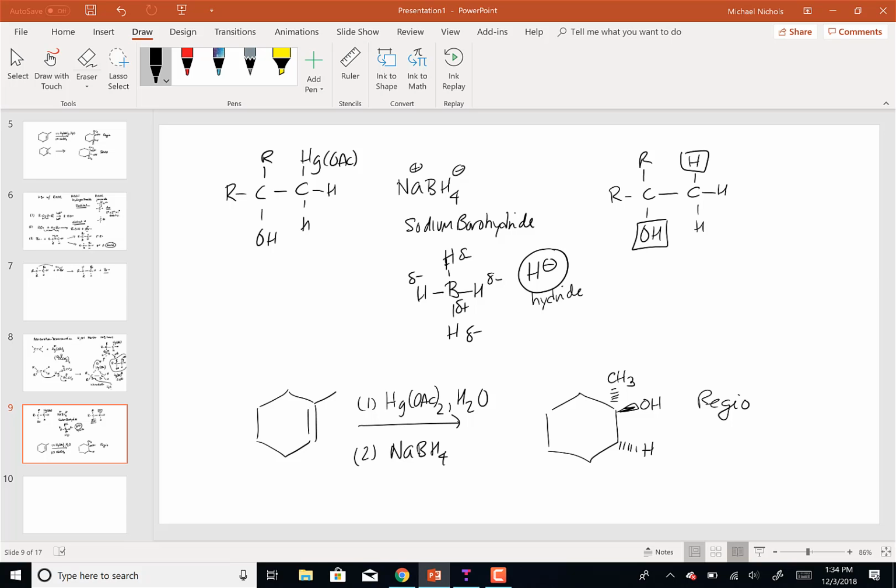So I'm adding 100% trans. How many chiral centers in the product? There's 0 chiral centers. So how many do I need for it to be stereoselective? I need 2. I have 0. So this one's not stereoselective.